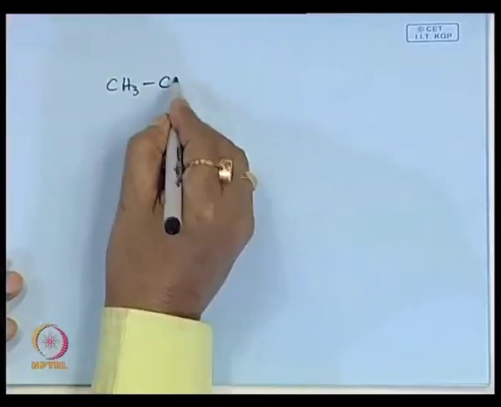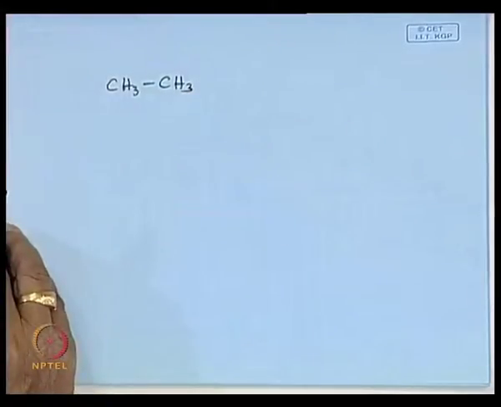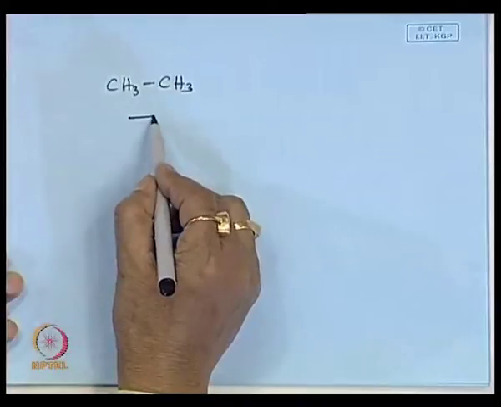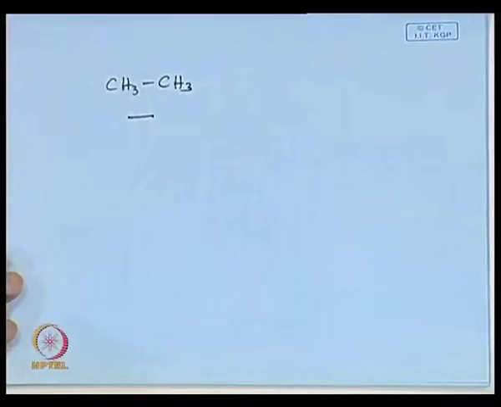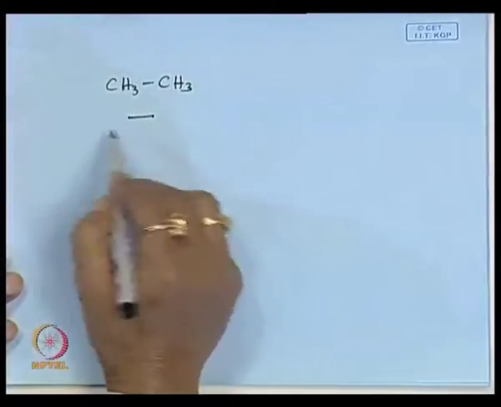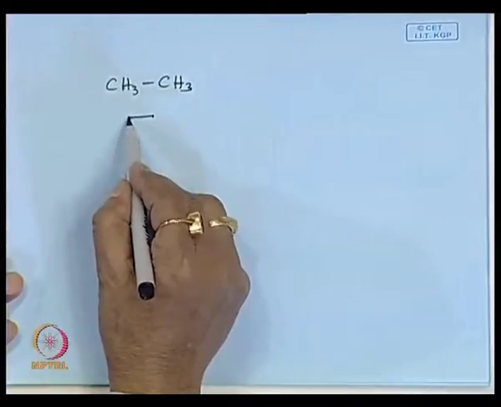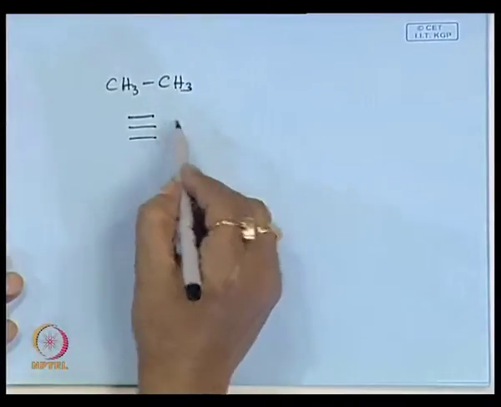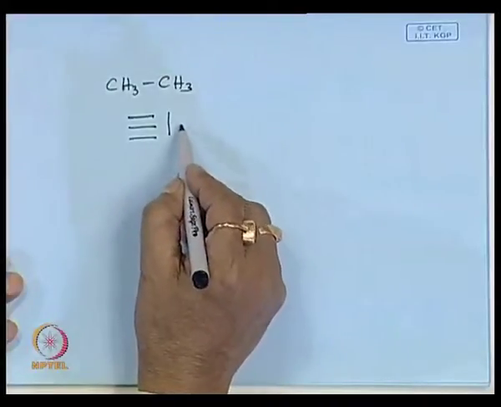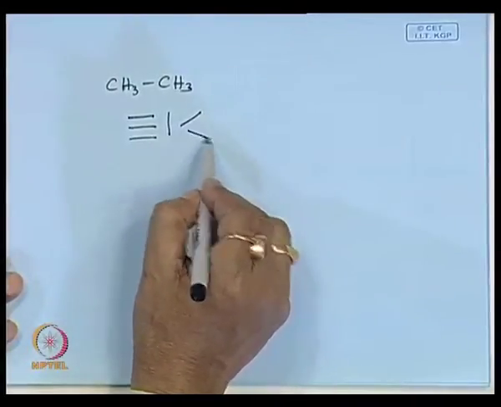Then if you increase one more carbon atom, that means if you take ethane in the homologous series, the ethane molecule, CH3-CH3, looks like a small rod or small line. Now, you can have different orientations of this molecule: parallel, sometimes perpendicular, sometimes at different angles.